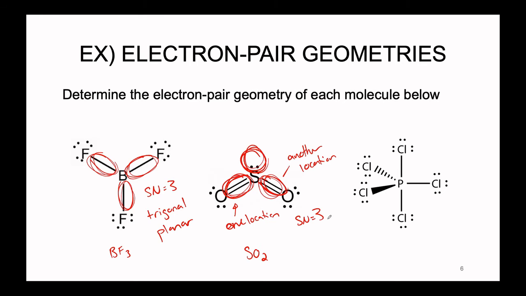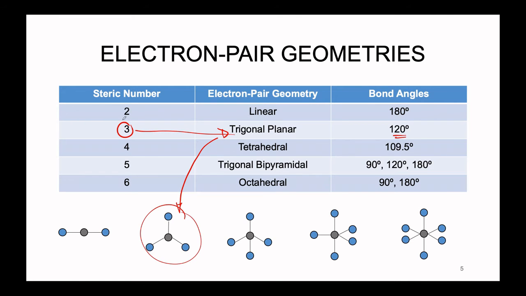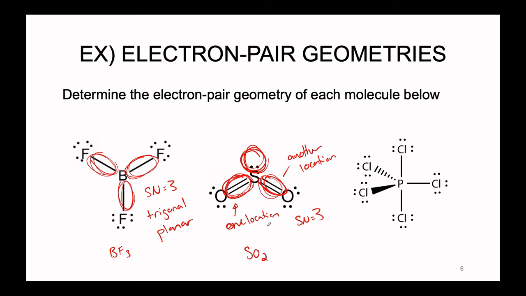And a steric number equal to 3, if we go back upwards, corresponds to the exact same geometry that we just observed for the BF3. We are looking at a trigonal planar electron pair geometry. Right, and I did say that the steric numbers of 2, 3, and 4 correspond to molecules that are, at the very least, not expanding their octet, but it doesn't mean that expanded octets can't have these lower geometries as well.